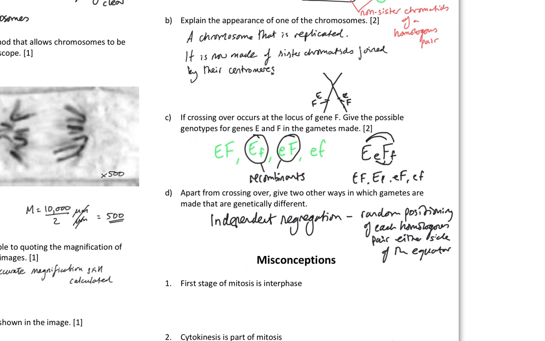So in terms of the possibilities, 2 to the power 23 gives me the different possibilities that I can get just due to independent segregation. So that's 8.4 million to 2 sig fig, 8.4 times 10 to the 6 possibilities. And then if you add crossing over, you get into ludicrously high numbers, pushing towards infinity. And you can also talk about mutation as well.